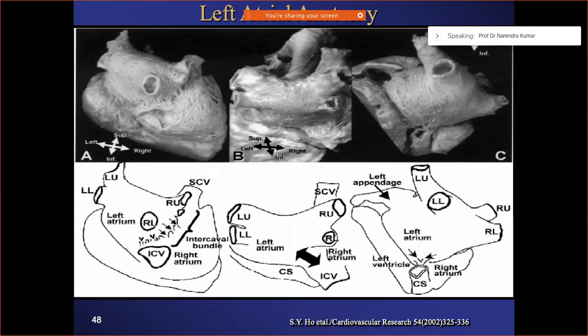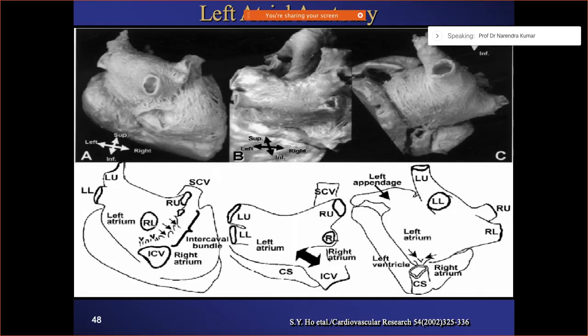And if they are of different thickness or at different levels, then of course you should be trying to deal with them in a different way. If you don't deal with them in a different way, that is where we are going to land up in problems, right? So that is why we have to be careful.